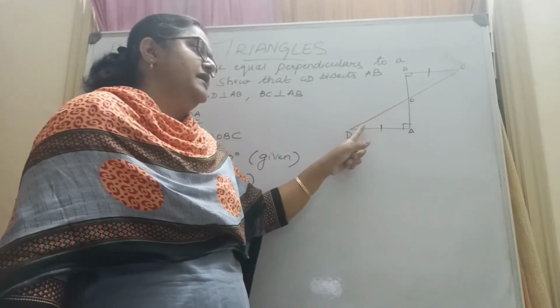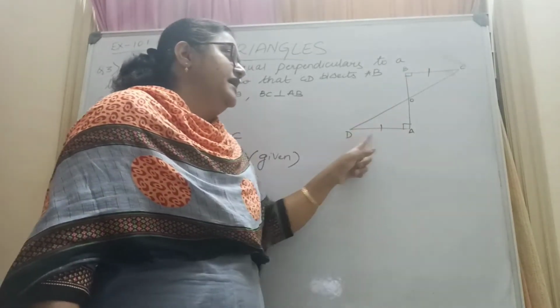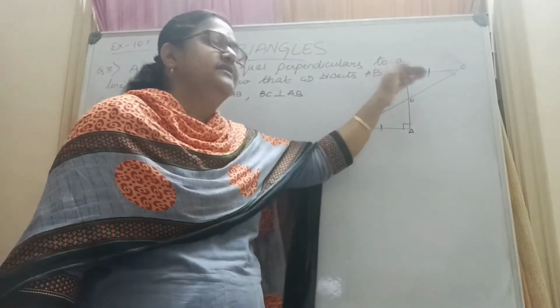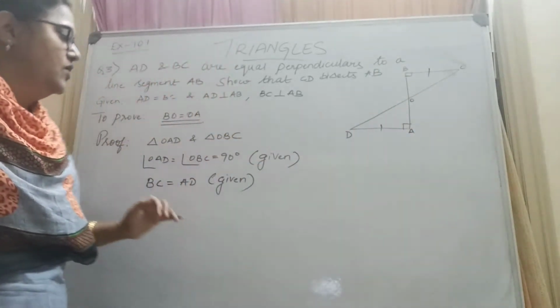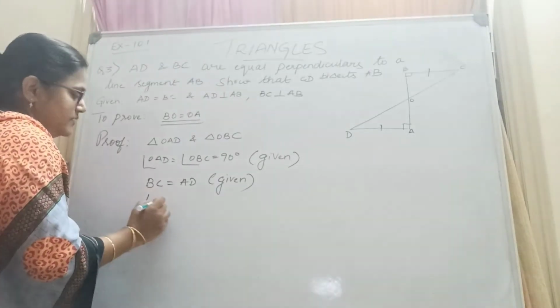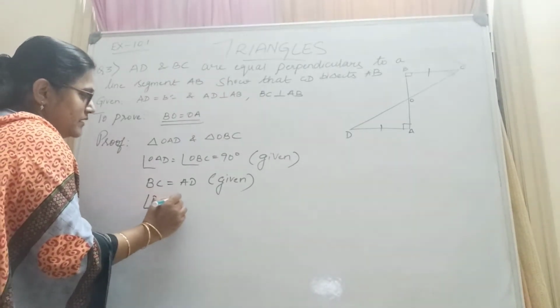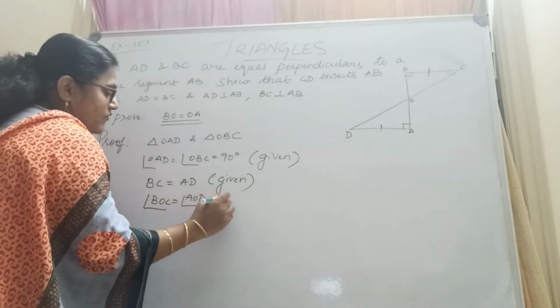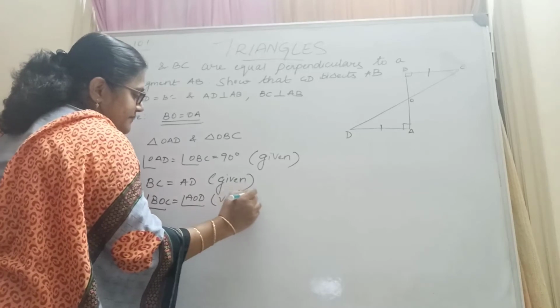I can, because BC and AD are perpendiculars to the same line, so I can consider them to be parallel. Or you can even write angle BOC is equal to angle AOD, vertically opposite angles.